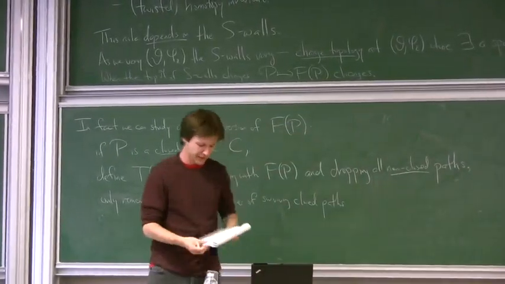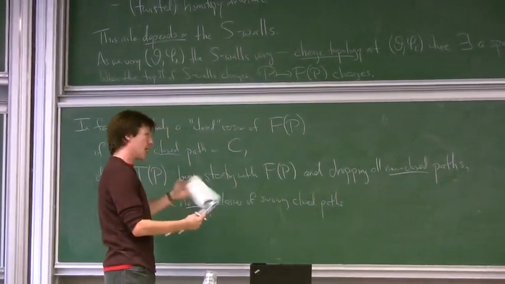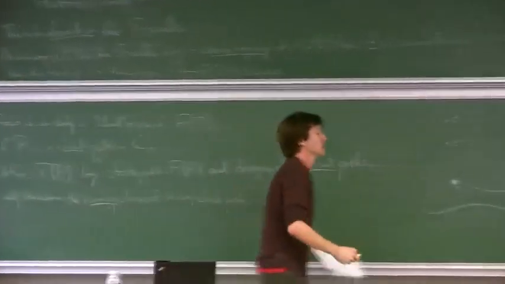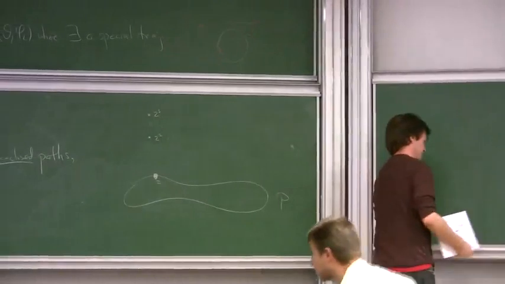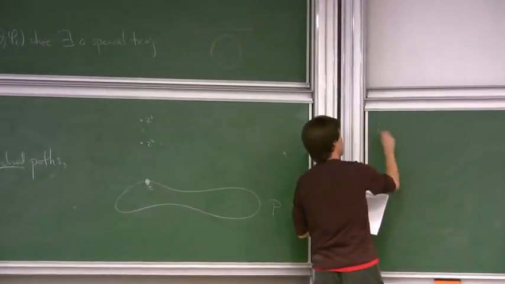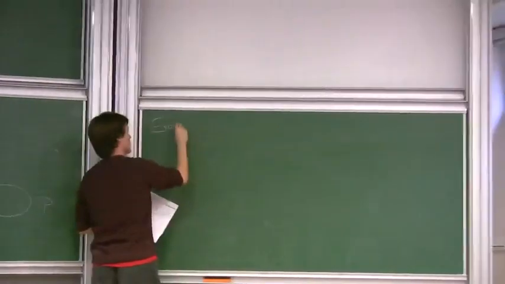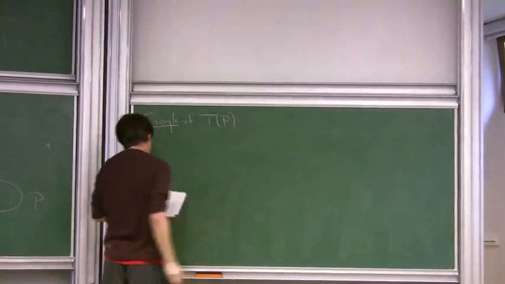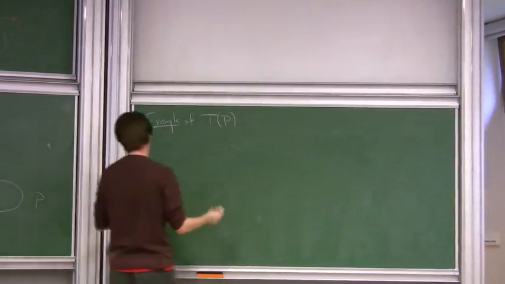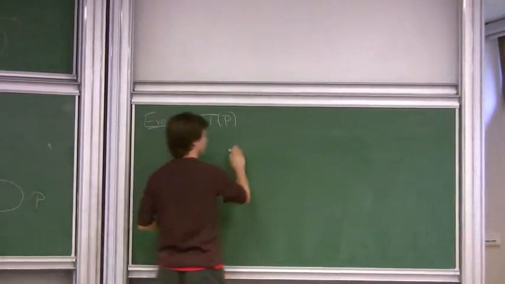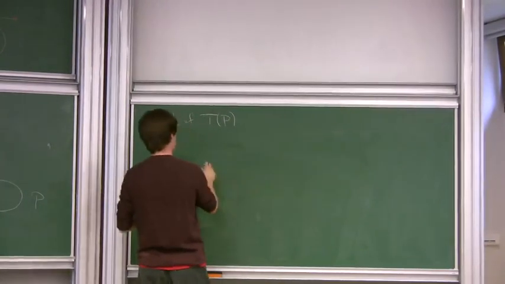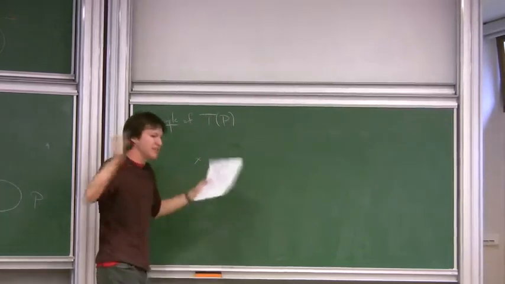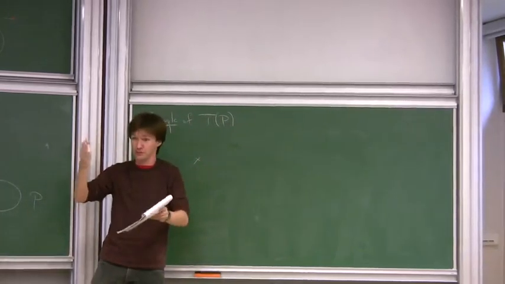So let me give you an example of that because it might seem a little bit abstract. Let's suppose we're in the following situation. Suppose we're on the cylinder. Well, globally, C doesn't have to be a cylinder. I'm just going to draw part of the picture.